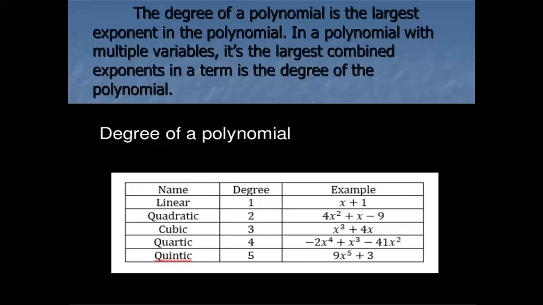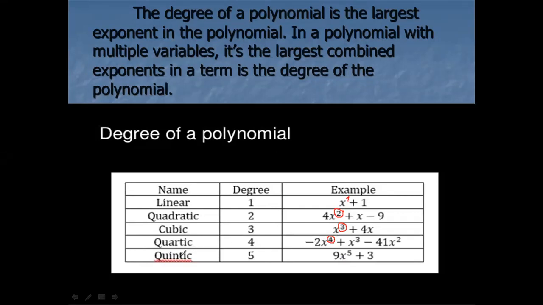The degree of a polynomial. This is also another example where we name the level or the degree. Linear means 1, having a power of only 1, so you have here x plus 1. Quadratic, the highest power is 2. Cubic, from the name itself, the power is 3. Quartic, or 4, so the highest power is 4, therefore the degree is 4.